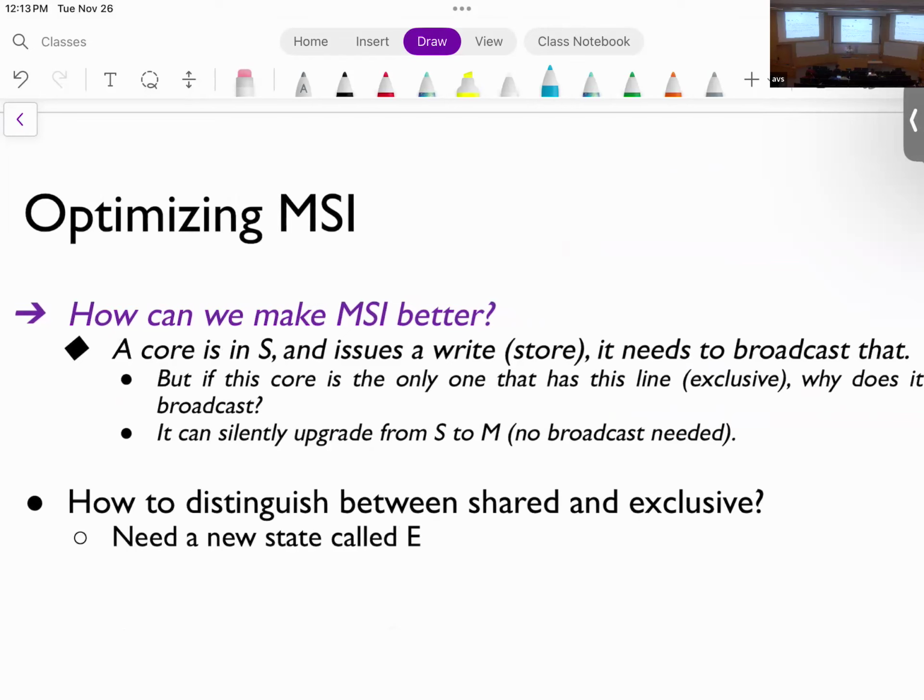In MSI, we cannot do that because we don't know whether we are the only one or not, right? Because shared doesn't tell you whether you're the only copy or there are multiple copies.